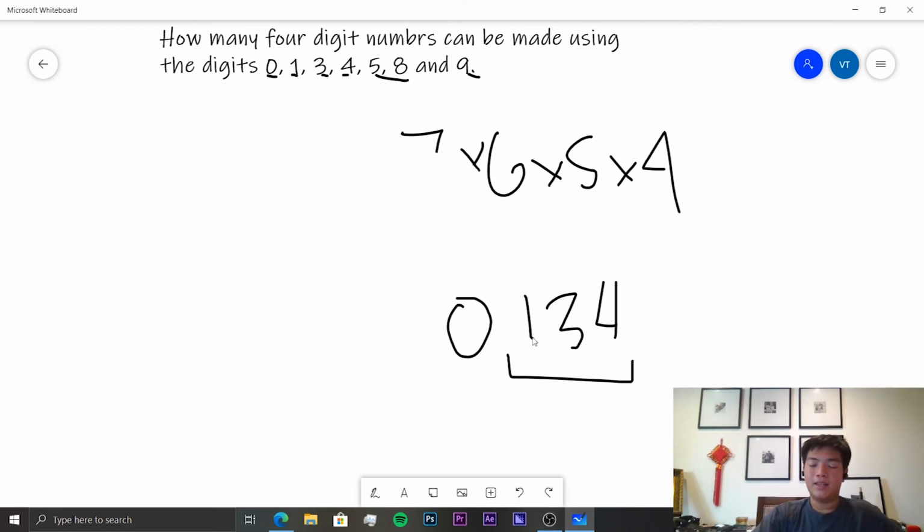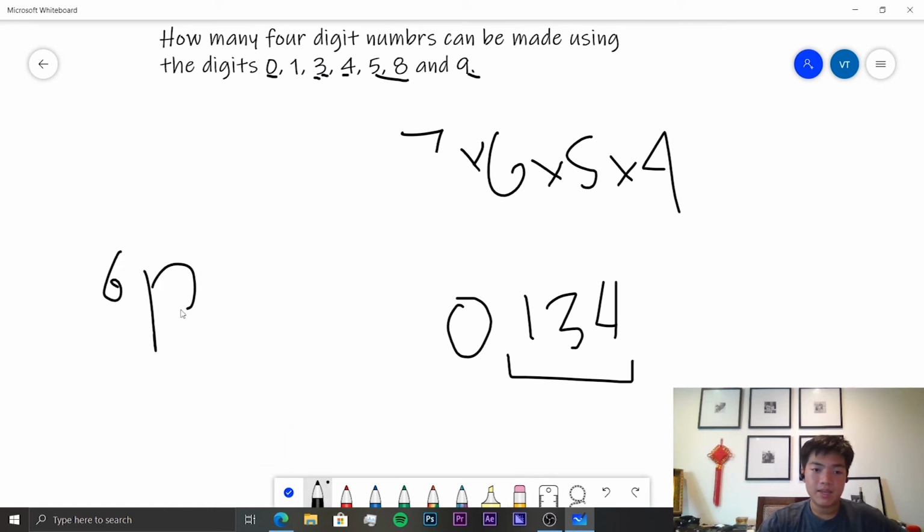How many ways are there of picking 3 distinct digits that go after this 0? Well, we're choosing from 1, 2, 3, 4, 5, 6 remaining numbers, so it would be 6P3.